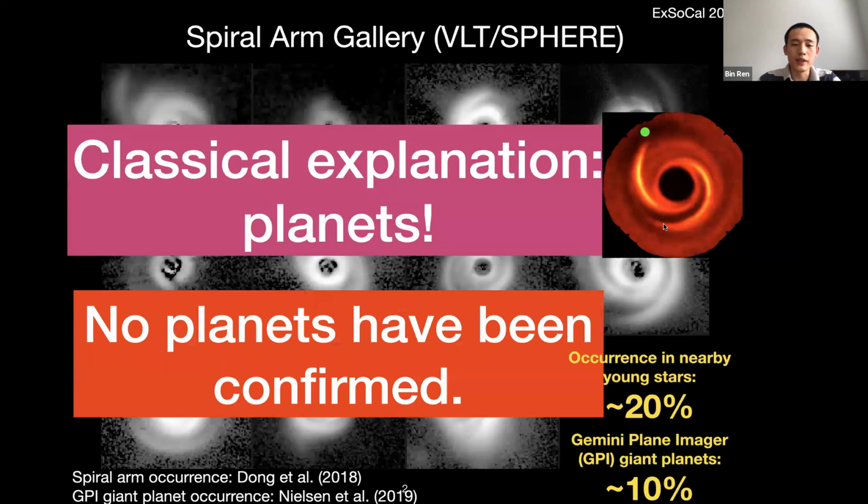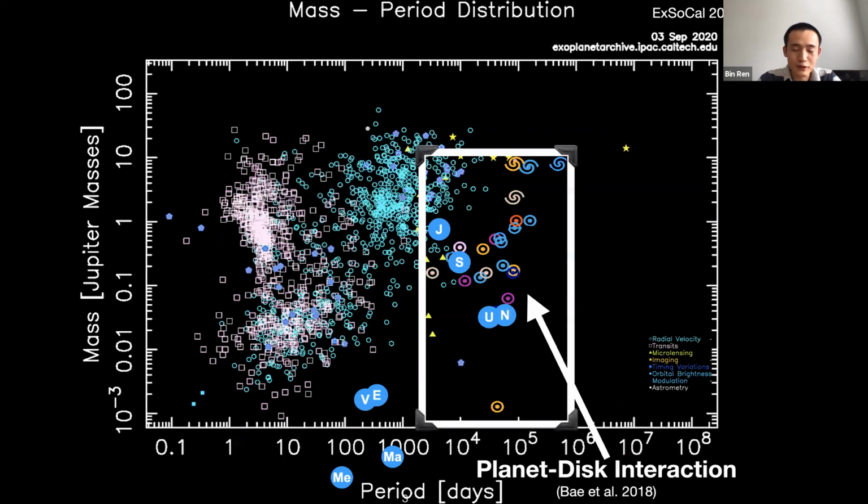But the ones that are generating rings can be less than 1 Jupiter mass. And from this distribution of the theory, the planets being either arm drivers or gap openers, you will see that the arm drivers are more massive than the gap openers.